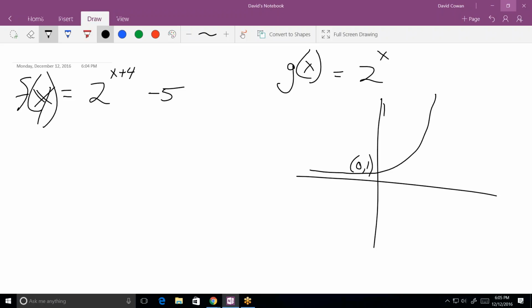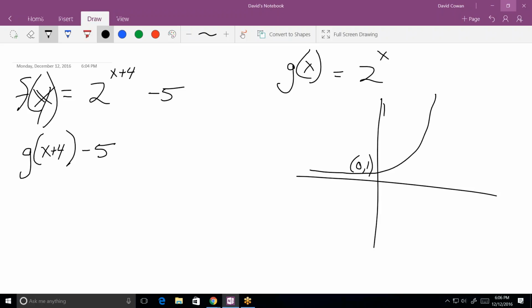Okay, so relative to g of x, what is it? In other words, how would I define f of x in terms of g of x? The equation or the graph? Okay, here, let me give you the answer.